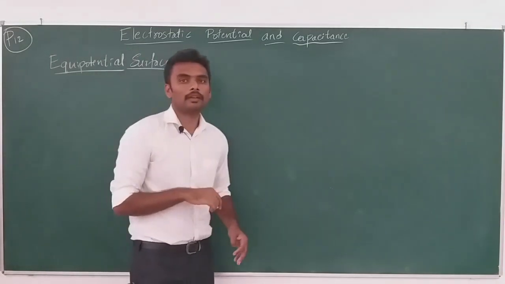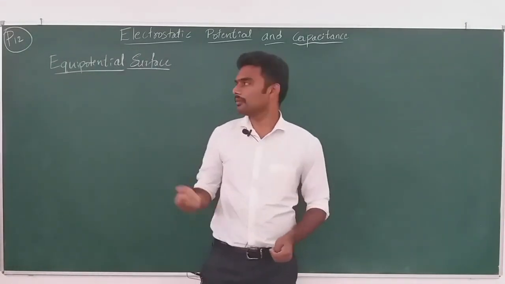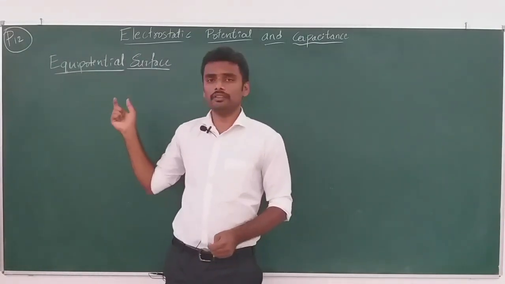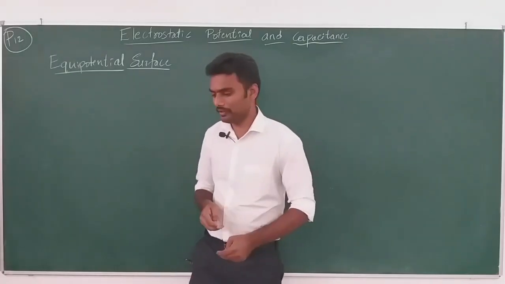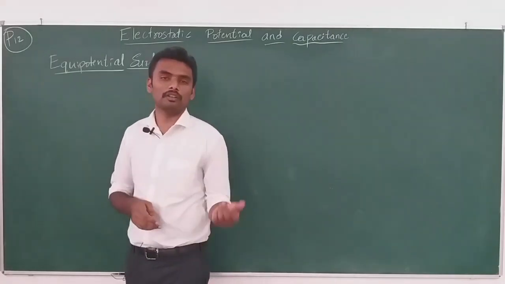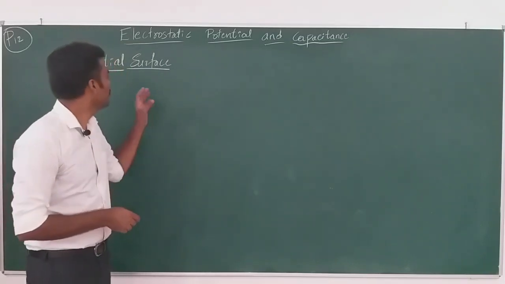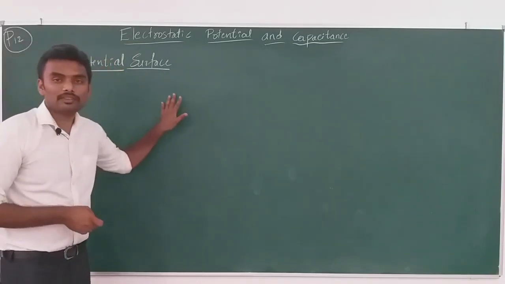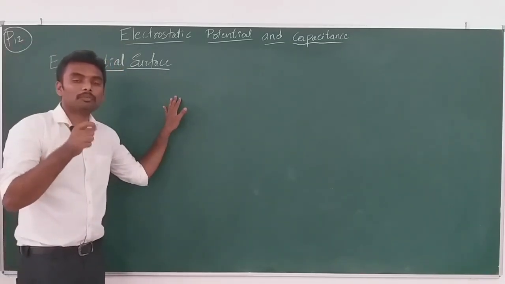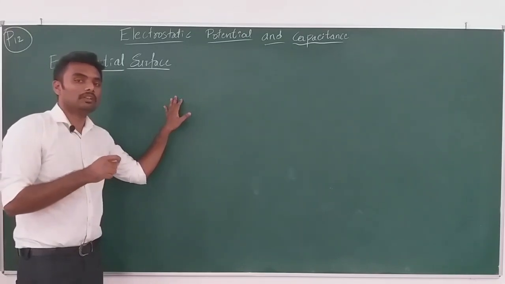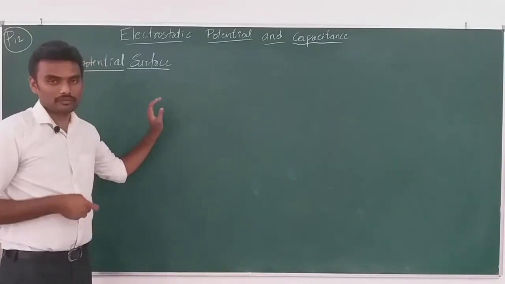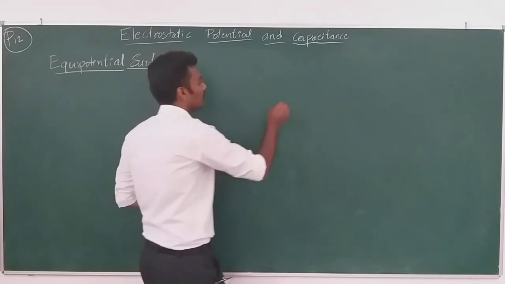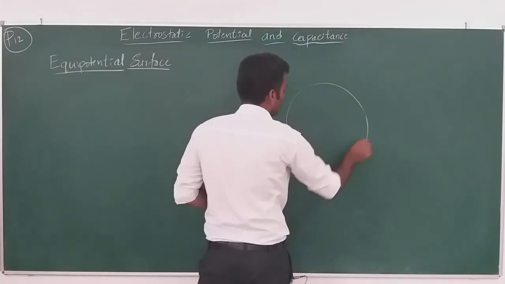Right, what is an equipotential surface? Very simple. As the name itself says, we can get it through the etymological meaning. It's a surface where the potential is equal at all the points of the surface. It can be any kind of surface.